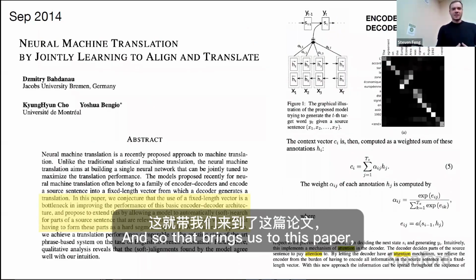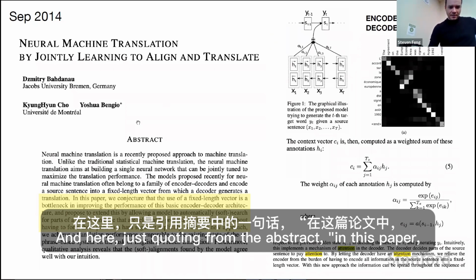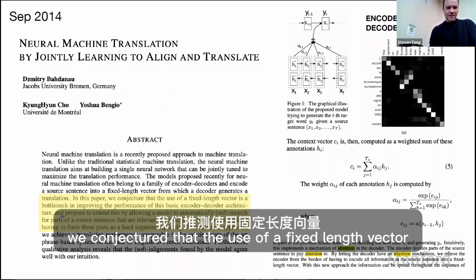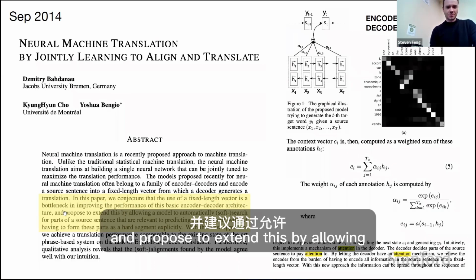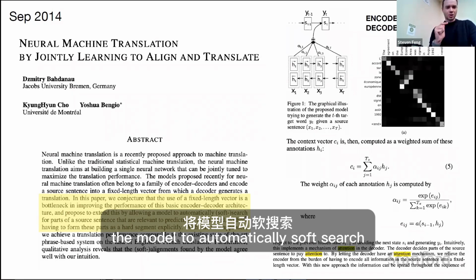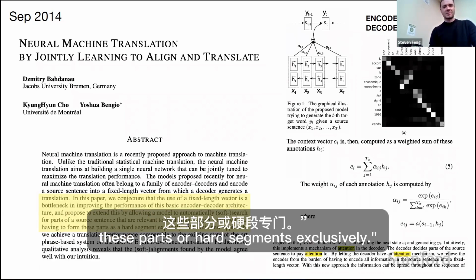And so that brings us to this paper, Neural Machine Translation by Jointly Learning to Align and Translate. And here, just quoting from the abstract: in this paper, we conjectured that the use of a fixed length vector is a bottleneck in improving the performance of the basic encoder-decoder architecture, and proposed to extend this by allowing the model to automatically soft search for parts of the source sentence that are relevant to predicting a target word, without having to form these parts or hard segments explicitly.